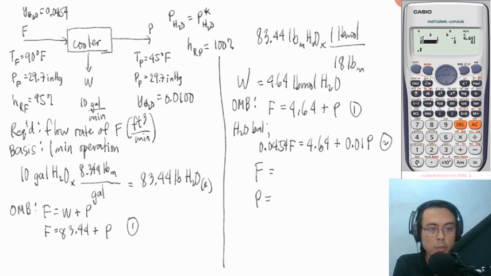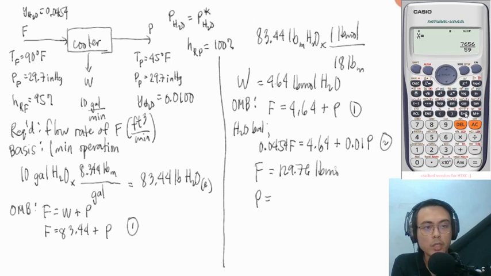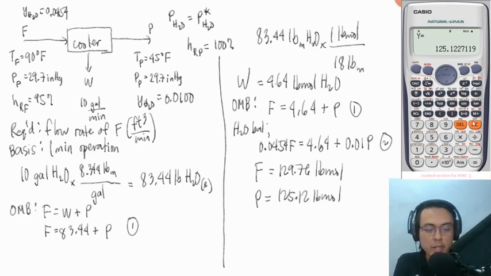Second equation, 0.0454, negative 0.01, and then 4.64. Our feed, this is in moles, 129.76 pound moles. Product, 125.12 pound moles. And since our basis is 1 minute, so this becomes pound moles per minute.